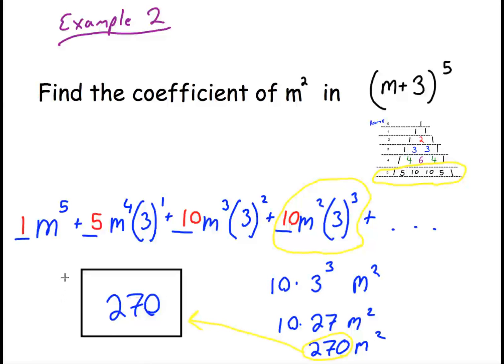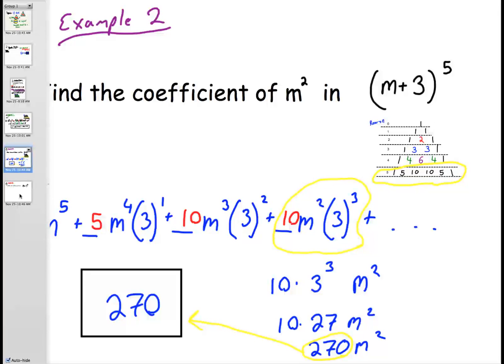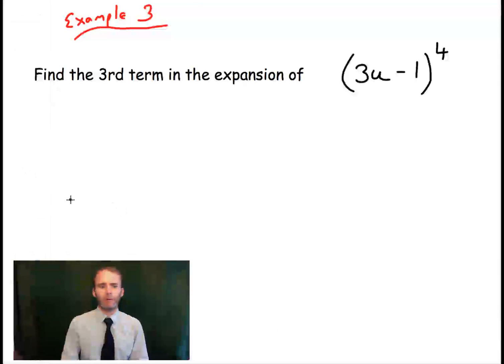All right, let's do one final example here. And this last example is find the third term in the expansion of 3u minus 1 to the 4th. So I'm finding the third term.